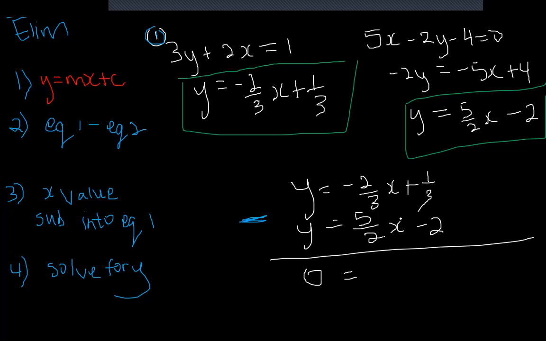Can anybody just put that in their calculator and tell me the answer? Anybody? Minus 19/6. 19/6. Thank you. And 1/3 plus 2 would be equal to 7 on 3.